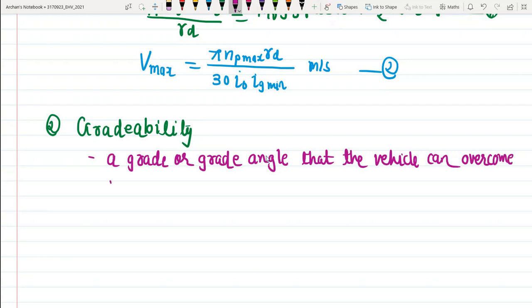For instance, the grade at a speed of 100 km per hour, if we consider it. For heavy commercial vehicles or off-road vehicles, the gradability is usually defined as the maximum grade or grade angle in the whole speed range.